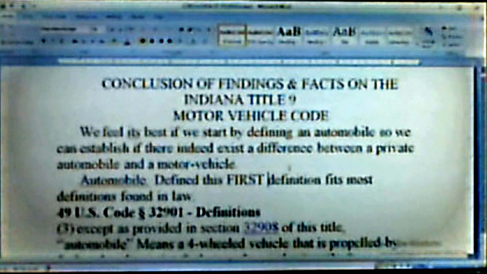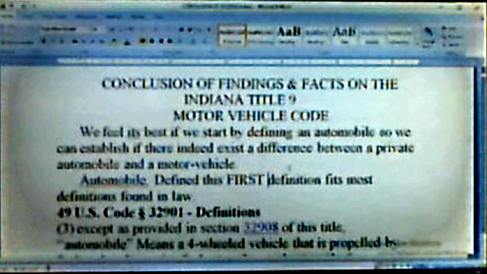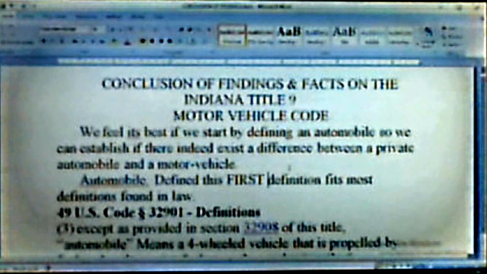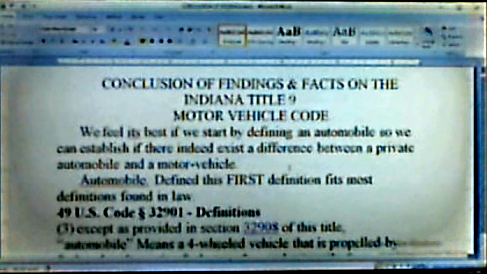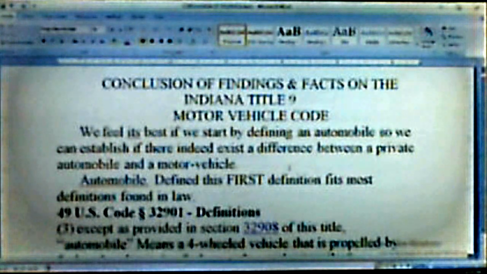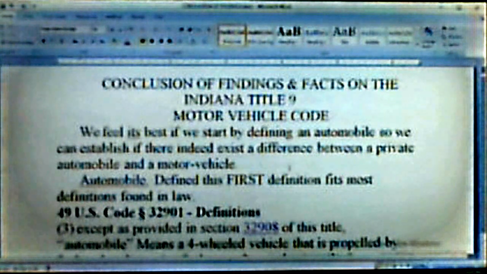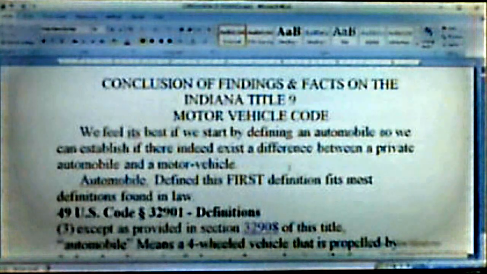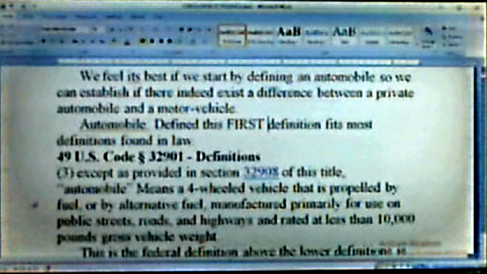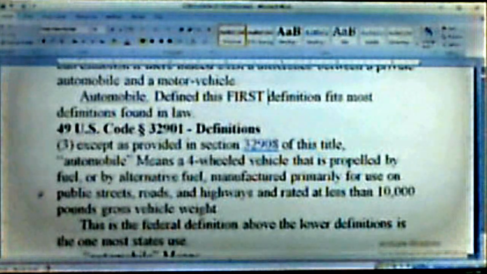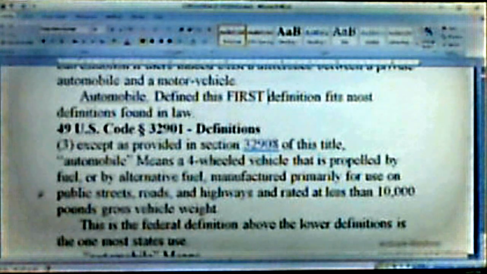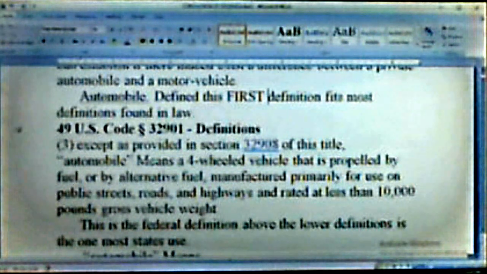So with that said, we're going to start out here with this paper that I wrote about the conclusion of the findings and facts on the Indiana Title IX Motor Vehicle Code. Okay? And I always kind of figure it's best to start out with the definitions of the various things so that we know what's what. And here we started out with the definition of what an automobile is, so that we can see if there's a difference between an automobile and a motor vehicle, right?